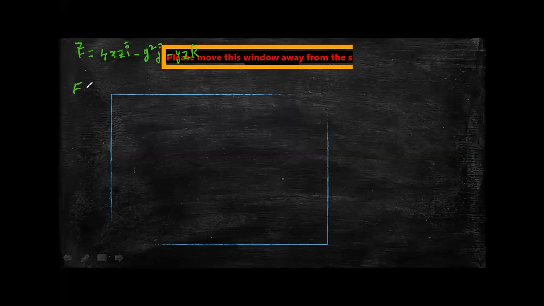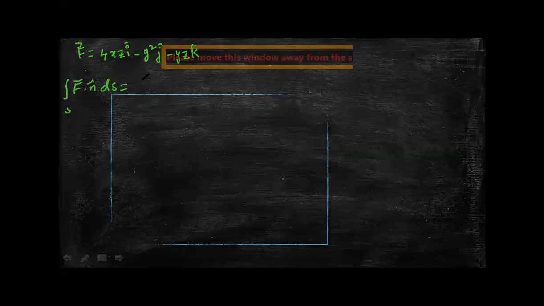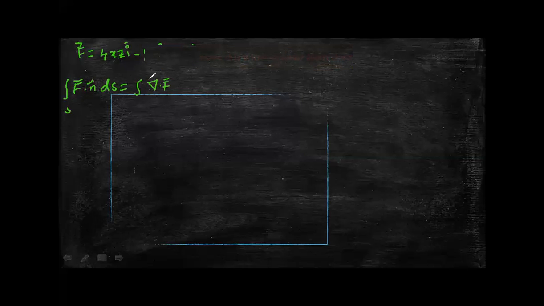What is a surface integral? The surface integral of F dot n dS is equal to the volume integral of divergence of F dV, right?